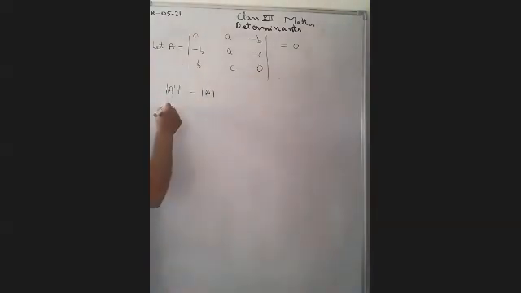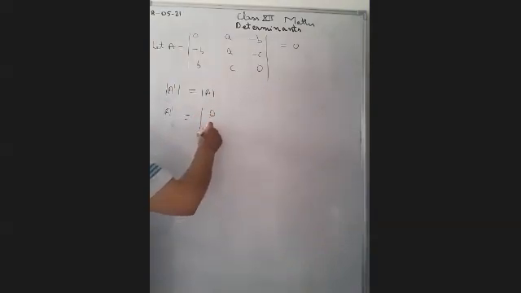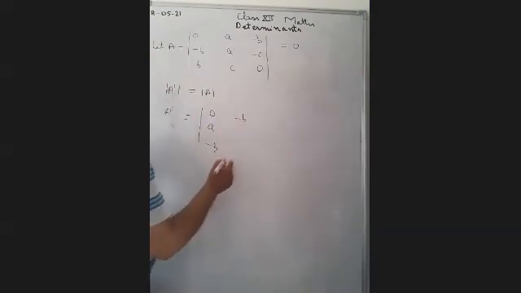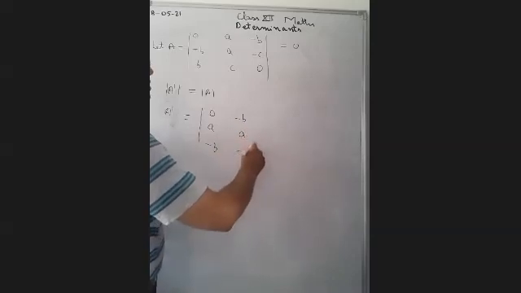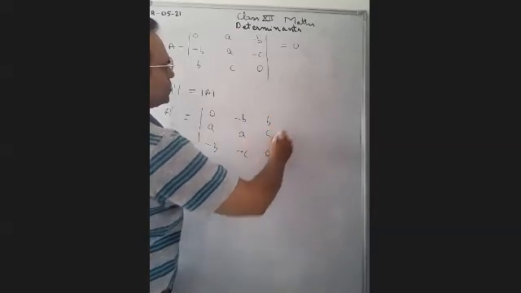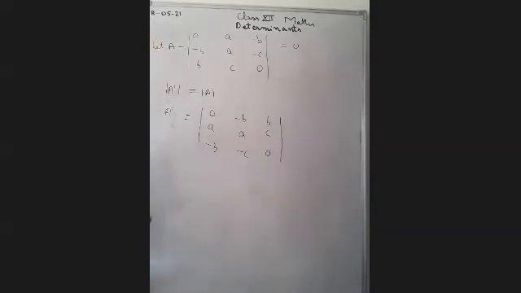Now we are taking the transpose of A, which is rows 0, A, minus B; minus A, 0, minus C; B, C, 0. It is equal to A because the determinants of the transpose and the original are both the same. So we have transposed it.